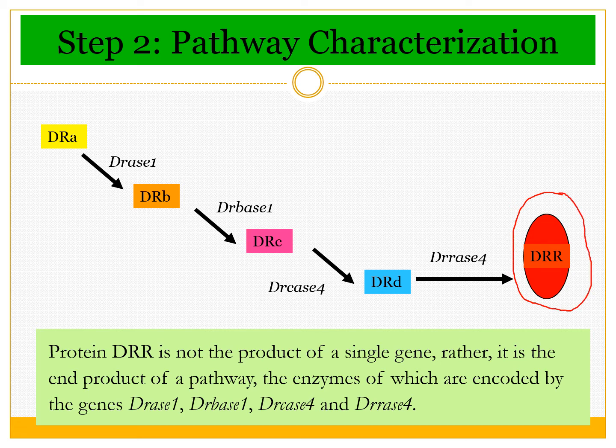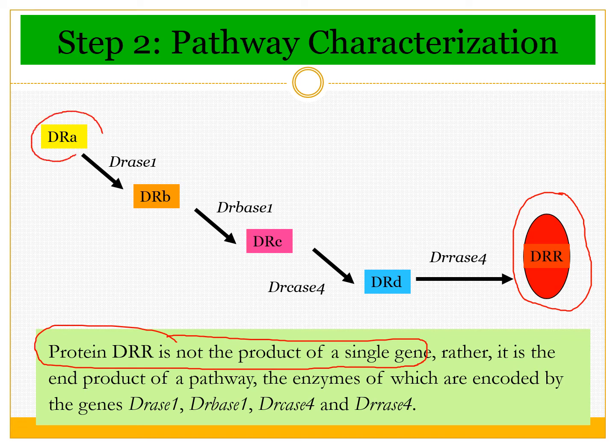However, this protein DRR is not the product of a single gene. Rather, it's a product of multiple genes operating together in a pathway. So it starts off with product DRA, then DRB, DRC, DRD, and finally DRR.